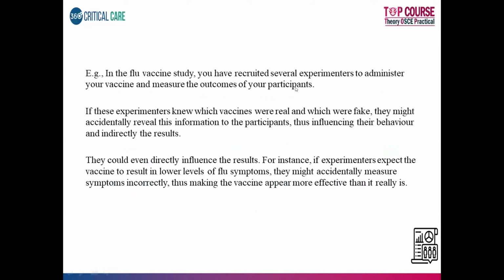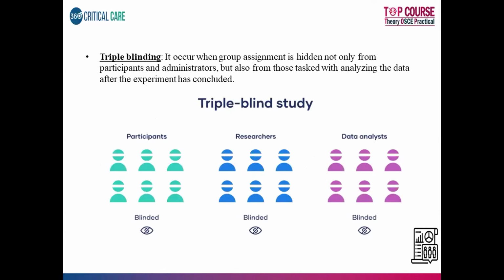If these experimenters knew which vaccines were real and which were fake, they might accidentally reveal this information to the participants, or they could directly influence the results. How? If the experimenters expect the vaccine to result in lower levels of flu symptoms, they might accidentally measure symptoms incorrectly, thus making the vaccine appear more effective than it really was. Hence you need to even blind the researchers.